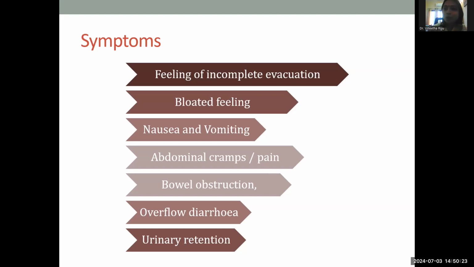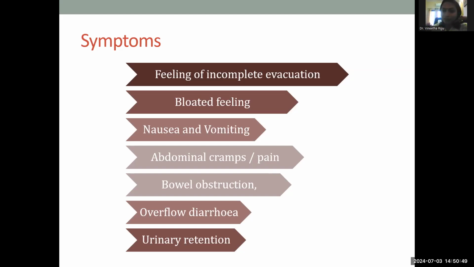Okay, so actually the management is completely opposite, right? When your patient tells you that I'm having loose stools and it is actually an overflow diarrhea, what if you do not ask them more, and you treat it like a diarrhea? It is going to worsen the constipation. Whereas overflow diarrhea has to be treated like constipation.